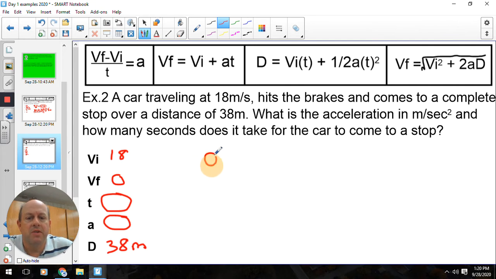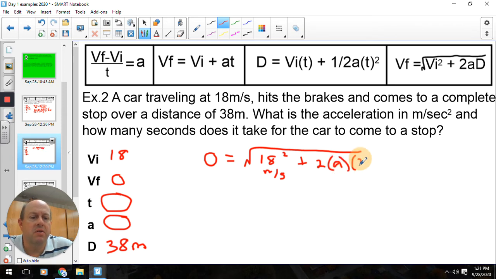So we can plug in 0 for VF equals the square root of VI squared, so that's 18 meters per second squared, plus 2 times A, we don't know, times D, 38 meters. So mathematically, this is a little trickier, so you've got to do your algebra.